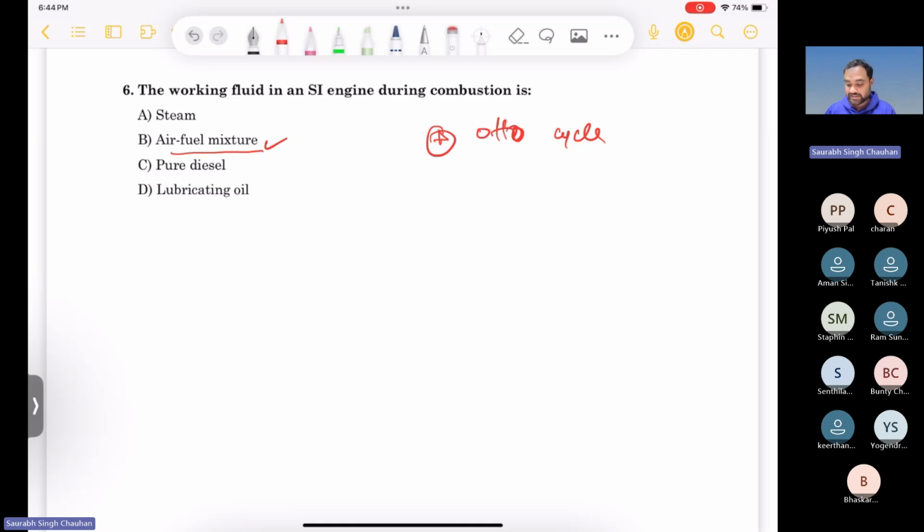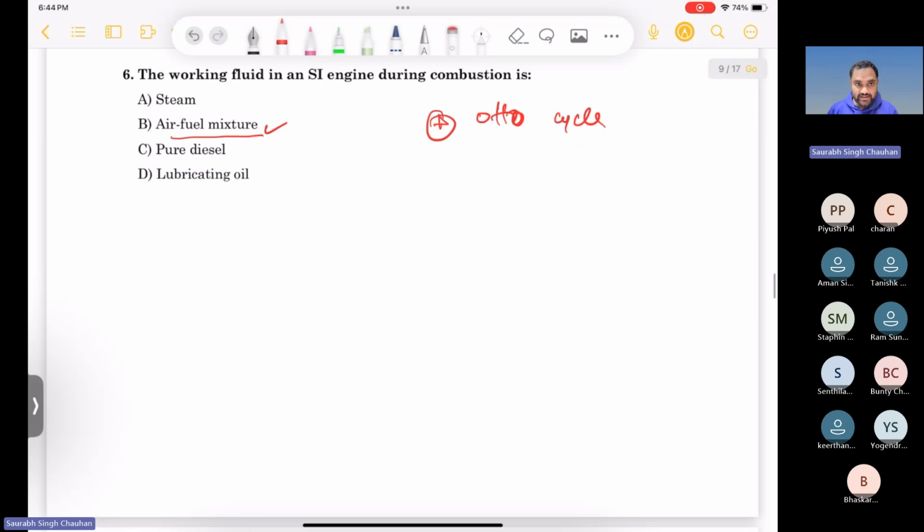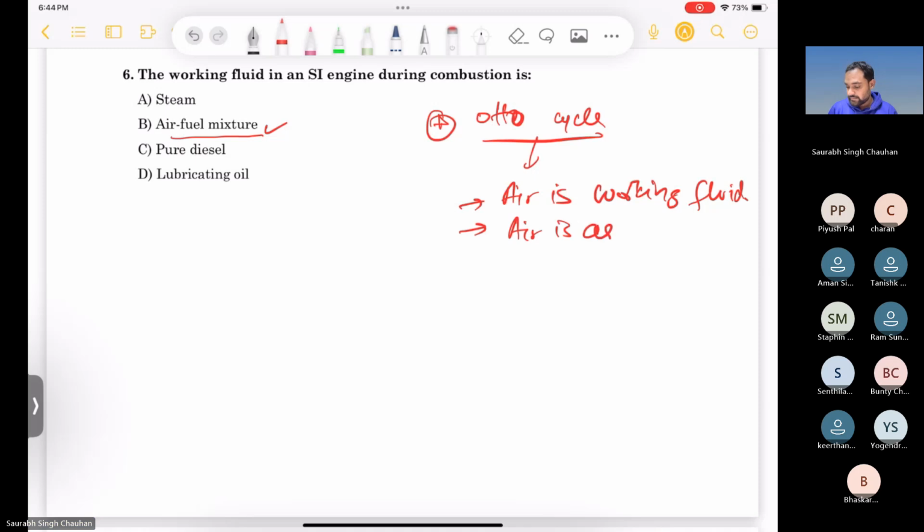The Otto cycle is an ideal cycle. In an ideal cycle you are using ideal gas. Just for comparison, just for making a rough estimate, you are using the Otto cycle for the analysis of an SI engine. But in an ideal Otto cycle, air is the working fluid and air is assumed to be an ideal gas.